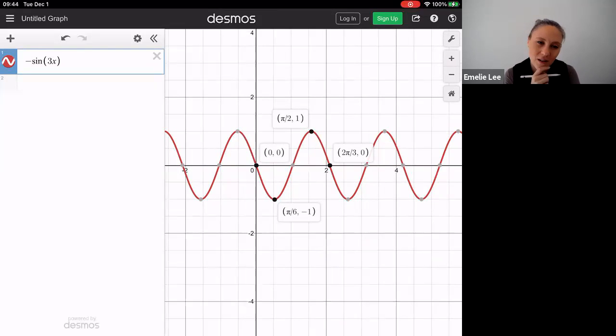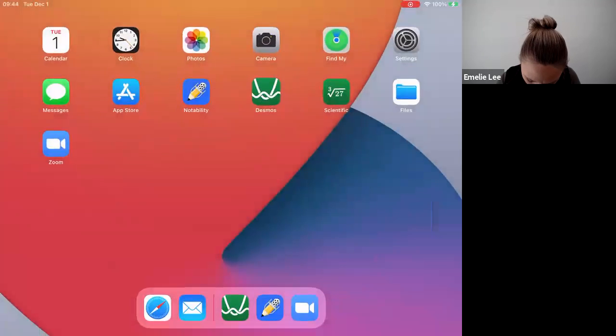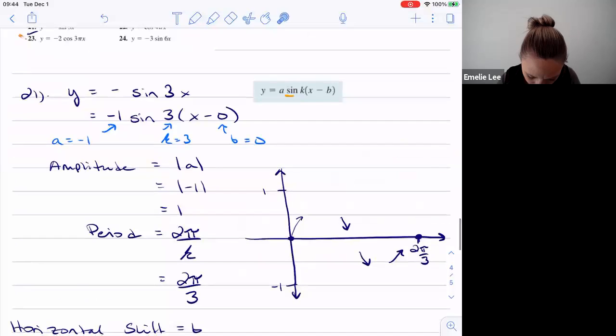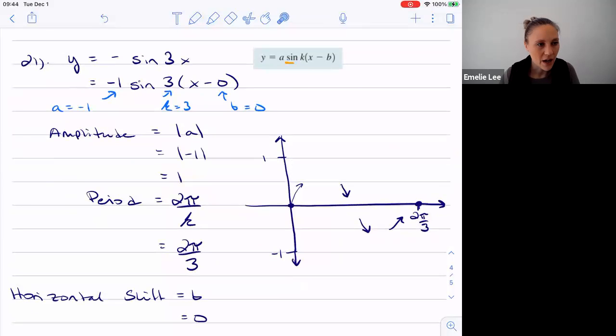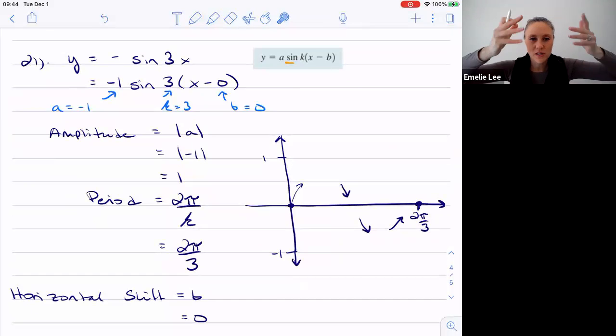Oh, I forgot. Negative sine means it's flipped. We're not going to do that though. Was it negative sine? I picked a hard one. That's okay. Negative sine, we know what the negative of a function is. We just take all our y values and make them negative.